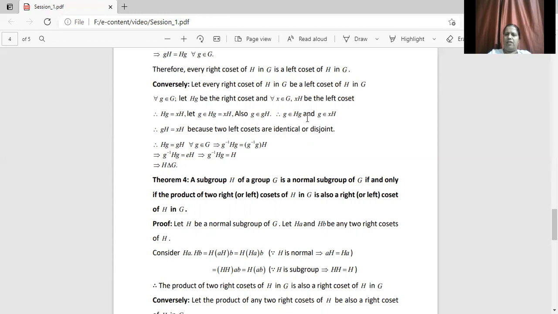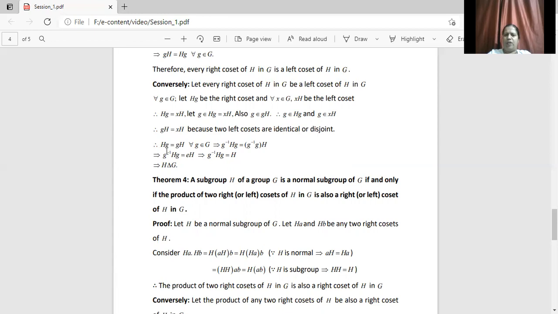Therefore, gH is equal to xH, because two left cosets are either identical or disjoint. So here we are getting two left cosets, xH and gH, and both of them are either identical or disjoint.